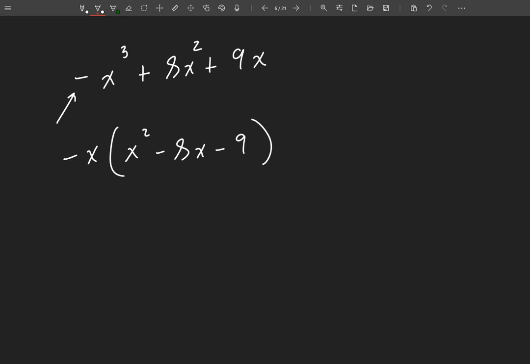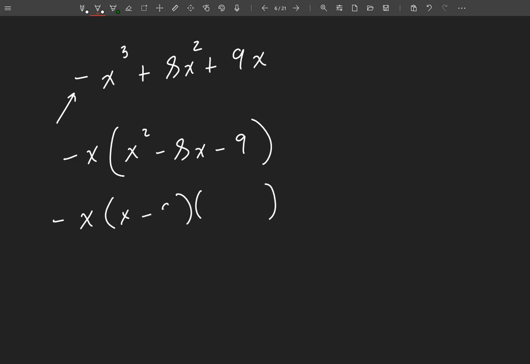Now, if you tried to factor this by ignoring that negative out front and just trying to do the whole factoring with the multiplying and the adding, before, it wouldn't have worked, right? Because the signs were wrong. But now it will work, because now that's a negative 9. So what multiplies to give me negative 9, but adds to give me negative 8?